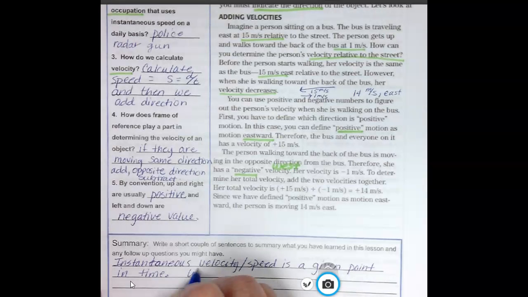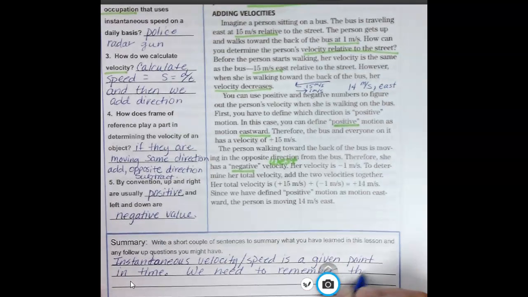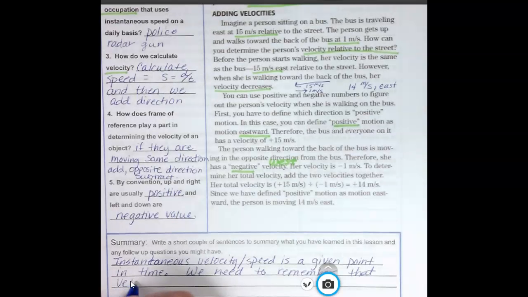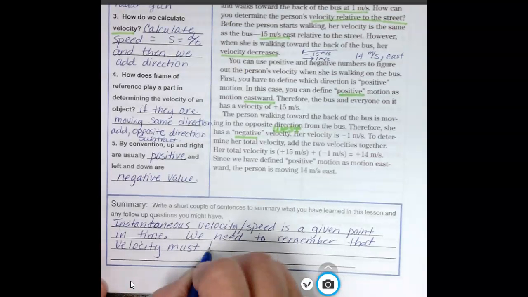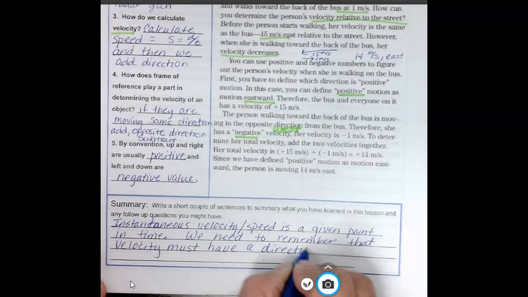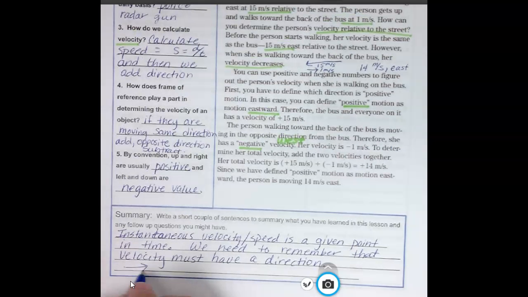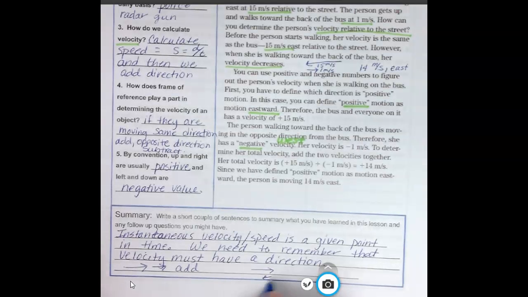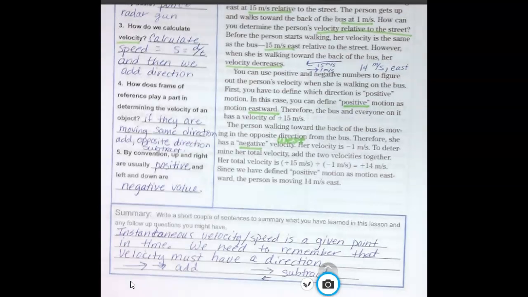And then I would put, we need to remember that velocity must have a direction. And I would put, if we're going the same direction, we add. And if I'm going the opposite direction, we subtract. So that's just a little short piece there to help us remember.